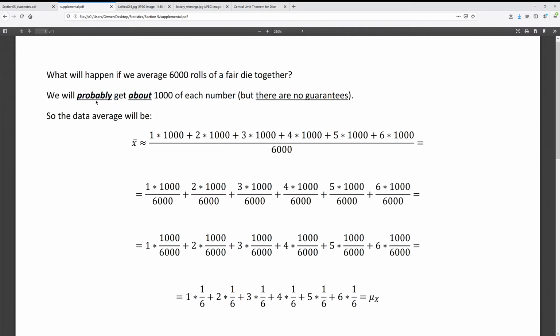And by the way, if something weird does happen on 6,000 rolls of a fair die, then crank it up to 6 million. I don't care. Eventually, it'll be the same exact calculation I'm going to do with 3 more zeros on everybody. Eventually, things will balance out. This is not an article of faith. This is simply what it means to be a fair die.